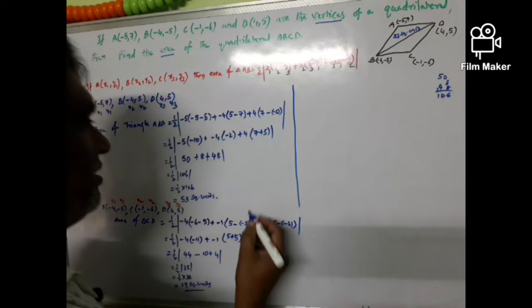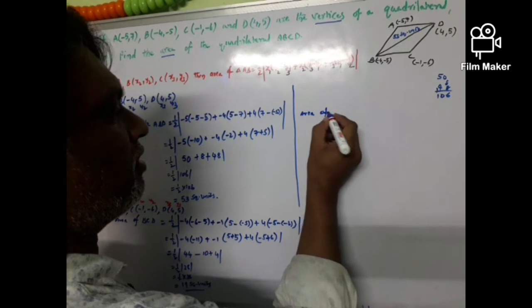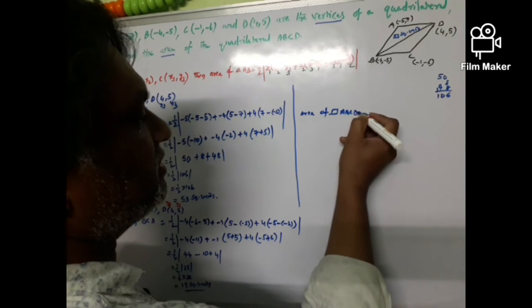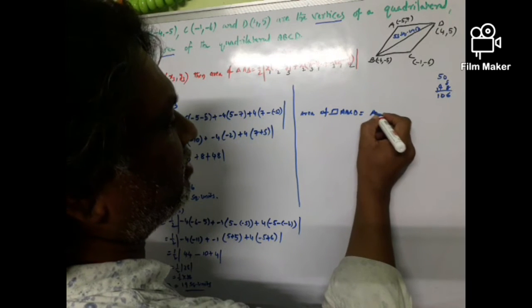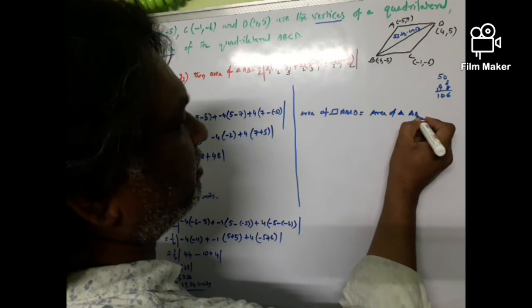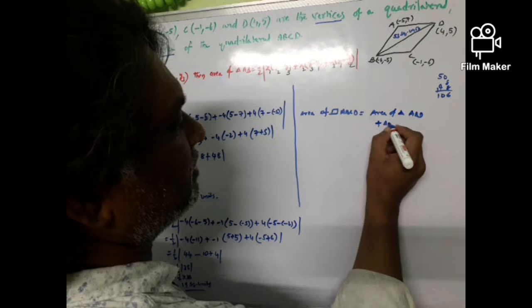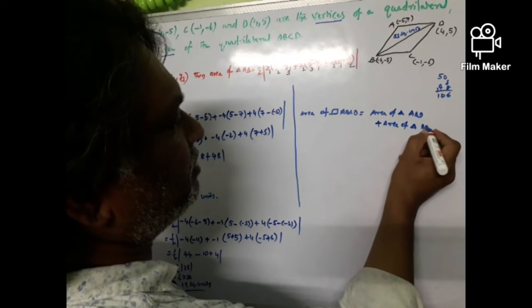Now the area of quadrilateral ABCD is equal to the area of triangle ABD plus the area of triangle BCD.